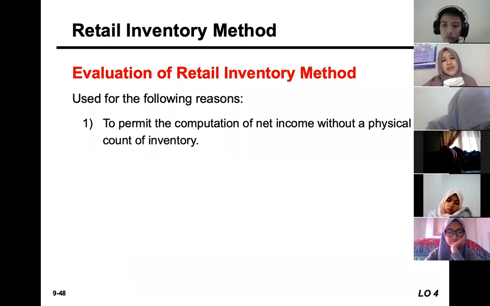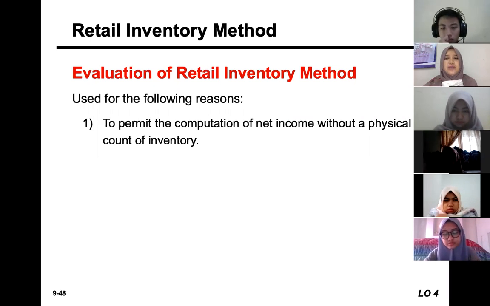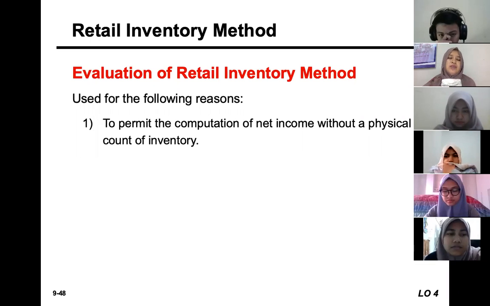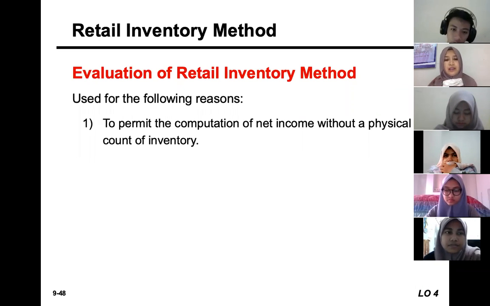Okay. Why do we use the retail inventory method? Normally, it's to calculate the net income without the need to calculate the physical inventory. We want to know the quick amount of net income. And maybe the physical calculation of inventory has not been performed yet.